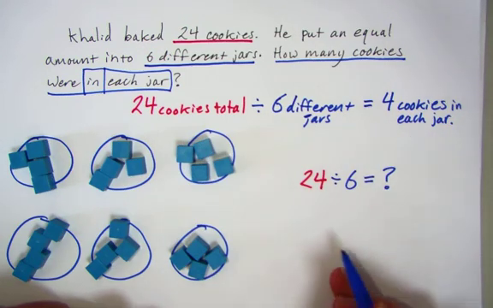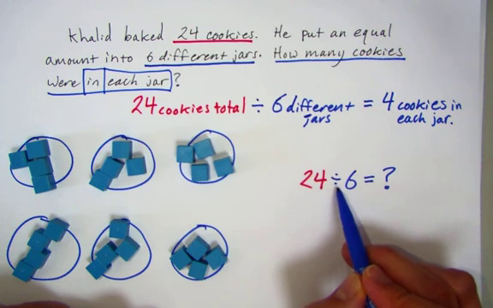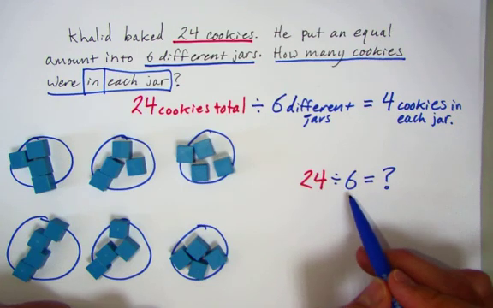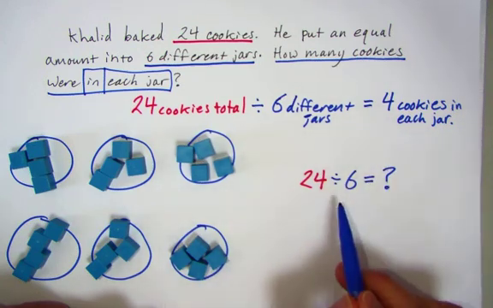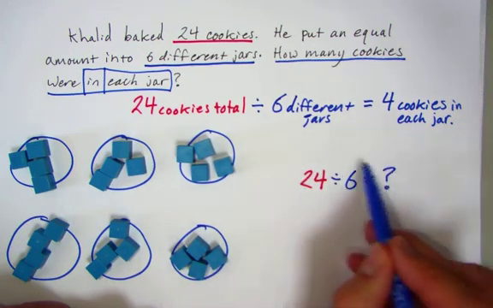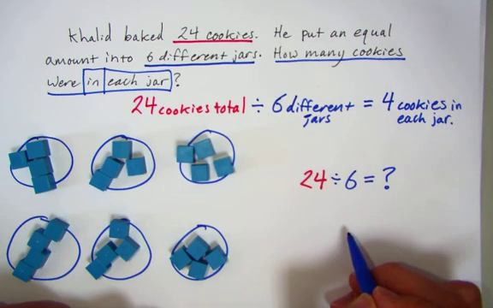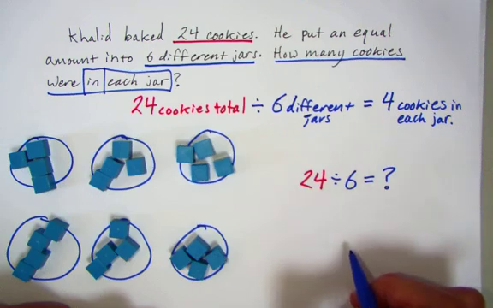And then I could think, well, what's the inverse operation of division? It's multiplication. So I could write a multiplication number sentence that is related to this division sentence. Let's go ahead and do that. And if you want to pause the video right now to see if you can do this correctly, go ahead.